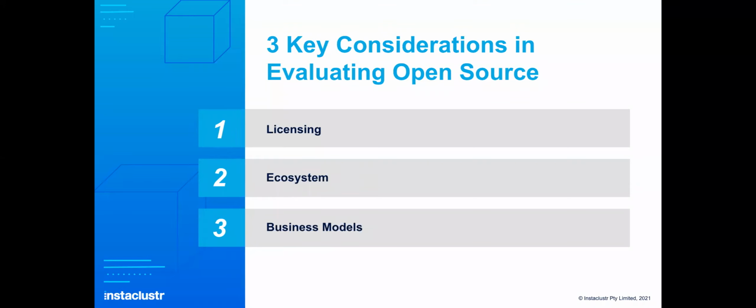Most significant, serious open source software requires some kind of business model behind it to keep that maintained, so you need to think about those as well. And then lastly, a little bit on open source strategy. If you're new to open source and you're trying to introduce it into your company, what are some of the things that you should think about?